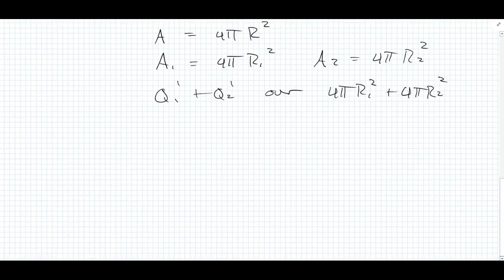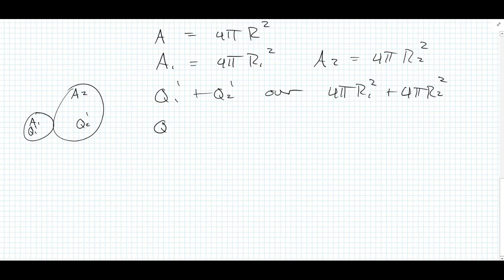Now we start thinking about the ratio of charge that is on each sphere. So I've got the little sphere, the big sphere. This has an area A1, this has an area A2. This has some charge Q1 prime, this has some charge Q2 prime.